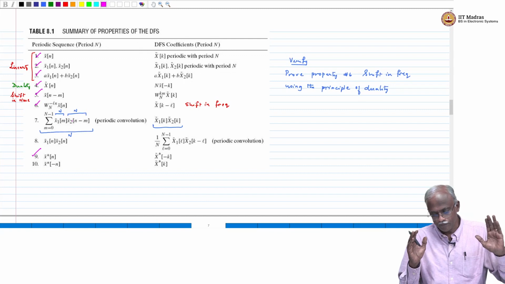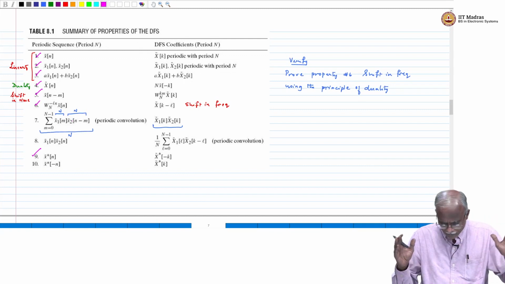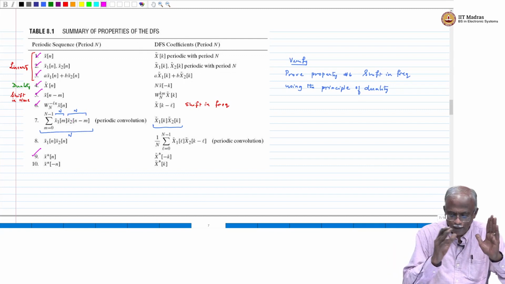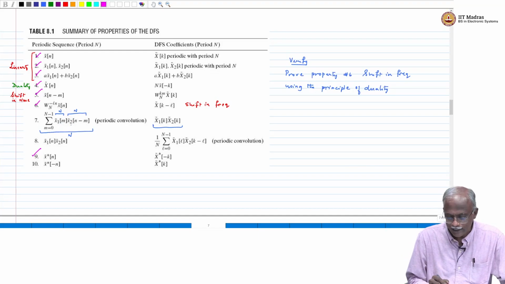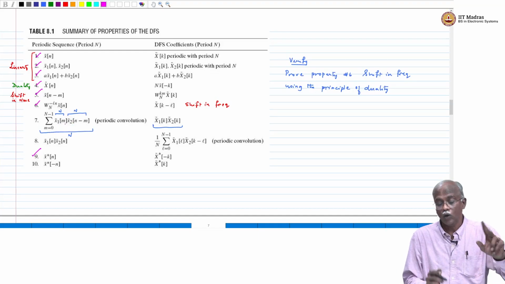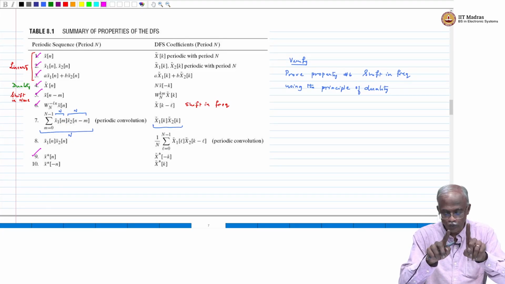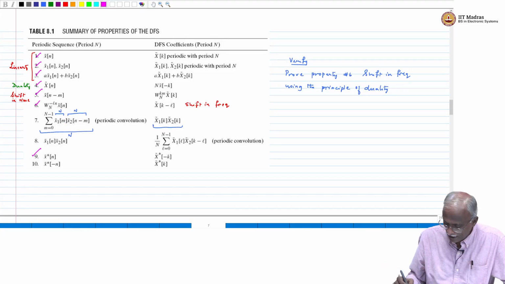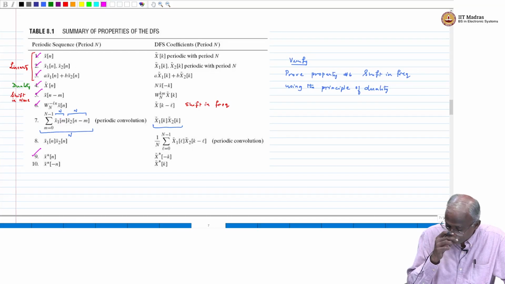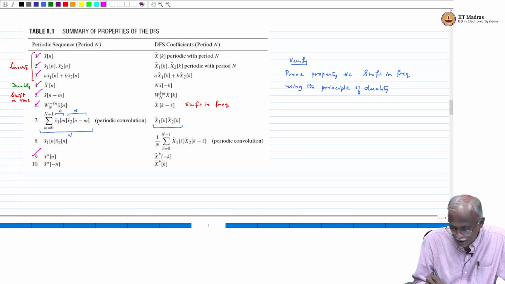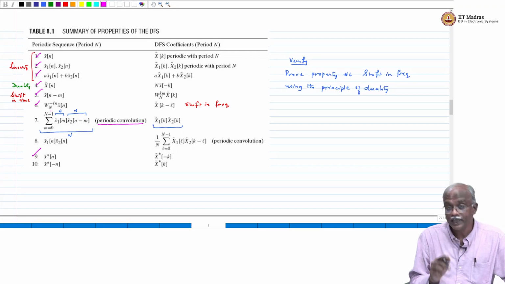Then comes a very important result, which says what happens when we do the convolution over one period of these two periodic sequences x1 of m and x2 of m. This is a different type of computation. It's a periodic convolution and it is over one period.